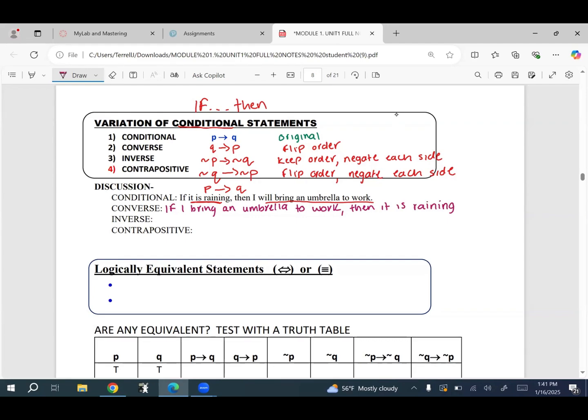That's converse. Let's look at inverse. Inverse means you keep the original order, but we just negate each side. So if it is not raining, then I will not bring an umbrella to work.